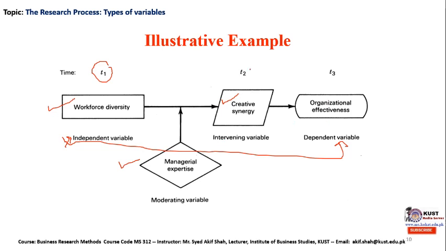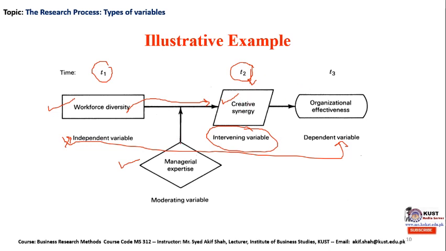So when a fourth variable, an additional variable, surfaces at time 2, when the independent variable starts operating and starts impacting organizational effectiveness, which is the dependent variable, another variable actually intervenes in the middle, which is creative synergy.